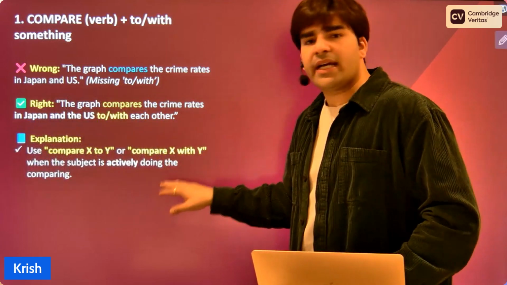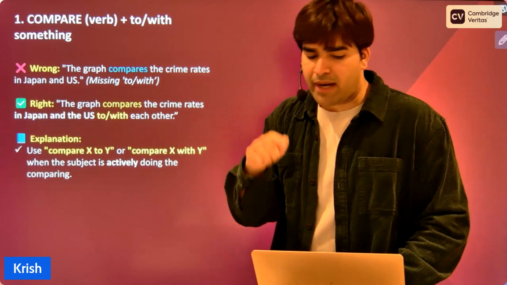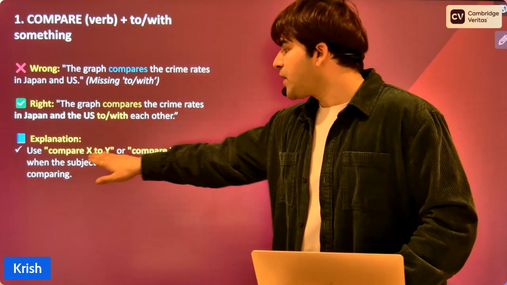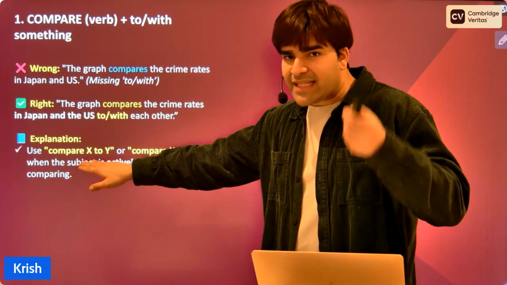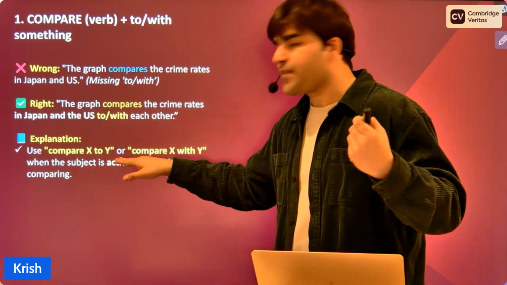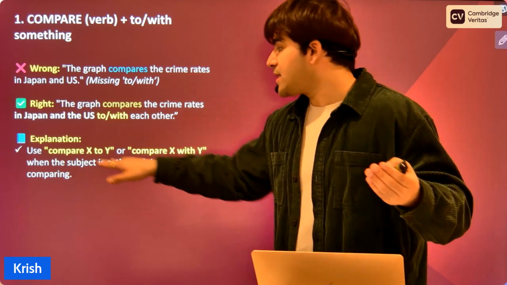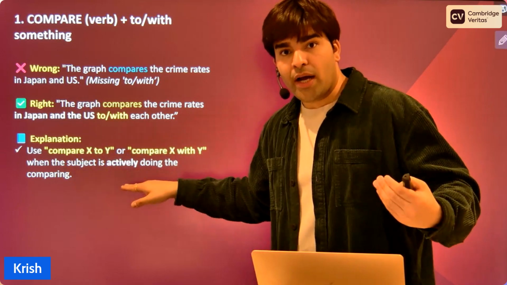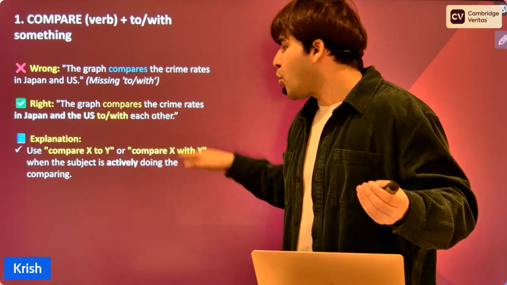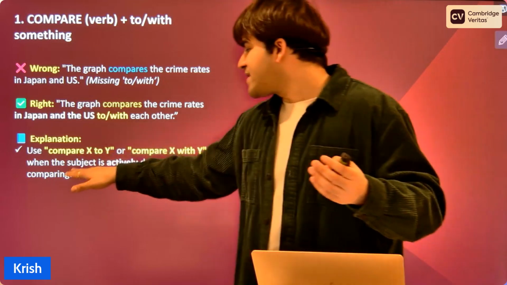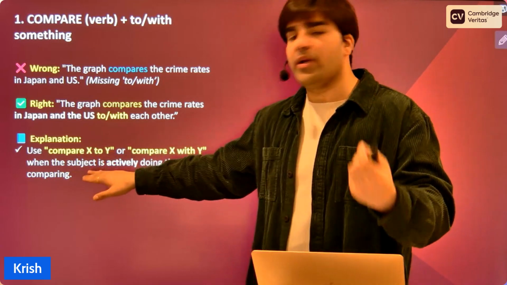So there's something to note here, and I want you to keep this explanation in your mind. So, number one is when you compare x versus y, x to y, there are two ways to say it, either compare x to y or compare x with y, when the subject is actively doing the comparing.